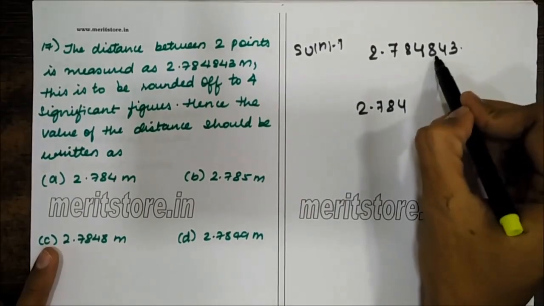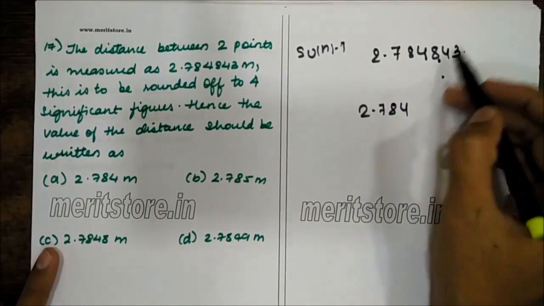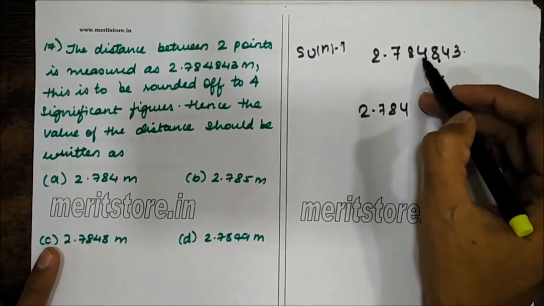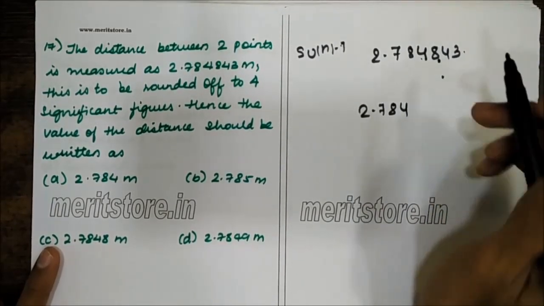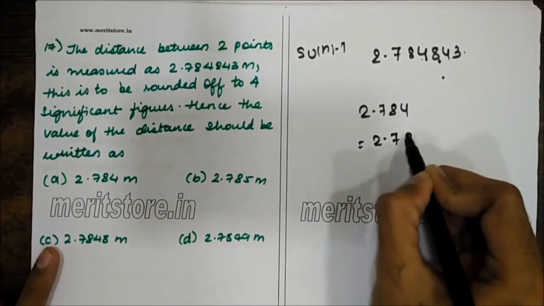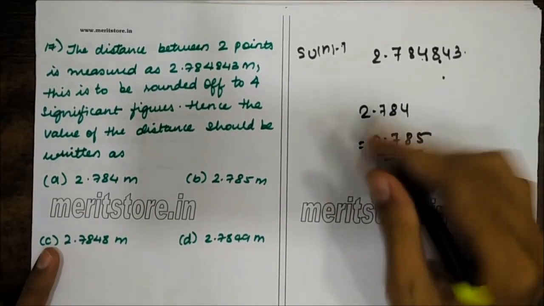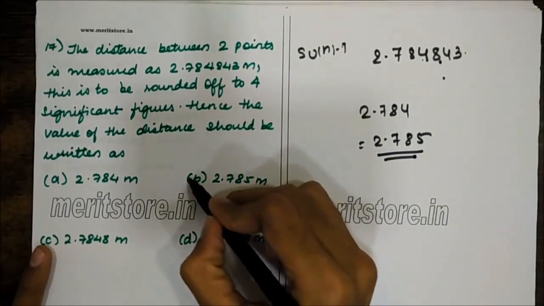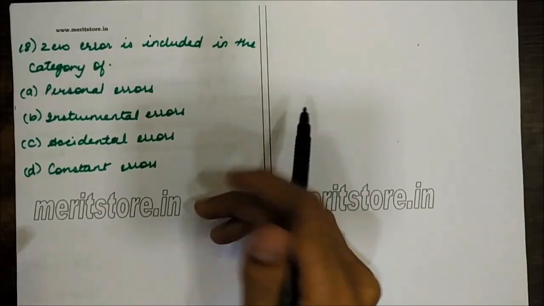But because after 4 there is an 8 which is greater than 5, this 4 will increase the value. So in order to round off we have to increase the value of 4 by 1, so your answer should be 2.785. Okay, in order to round off the figure, the distance should be written as 2.785 meters.